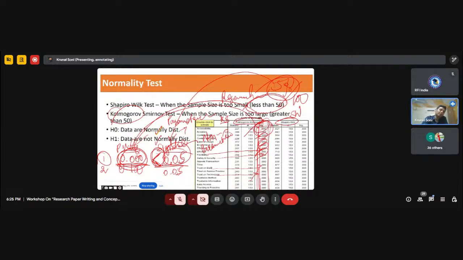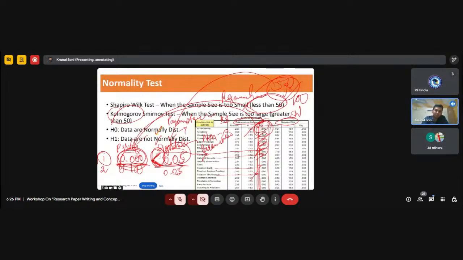Now I read it like this: p-value is, with a less than sign, less than significance value. So whenever p-value is less than significance value 0.05, which hypothesis gets accepted? This is called the rejection region of null hypothesis.